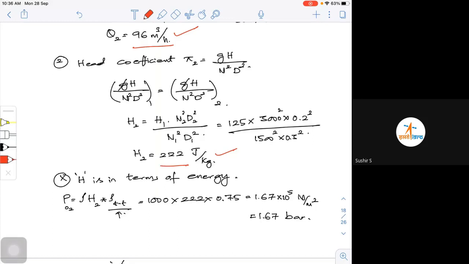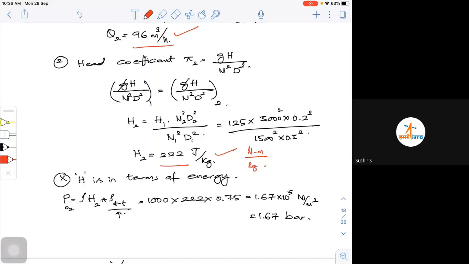So rho gH, see, this is in joules per kg. Look at the units; if you want, you can cross check. This is in meters, this is in RPS or RPM, this is in meters, and I end up with joules per kg. Newton meters divided by kg, this is actually Newton meter per kg.